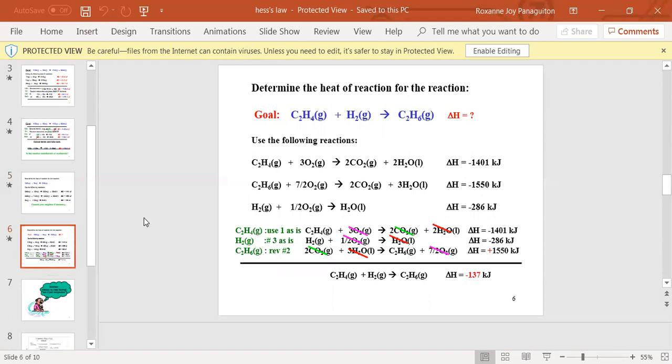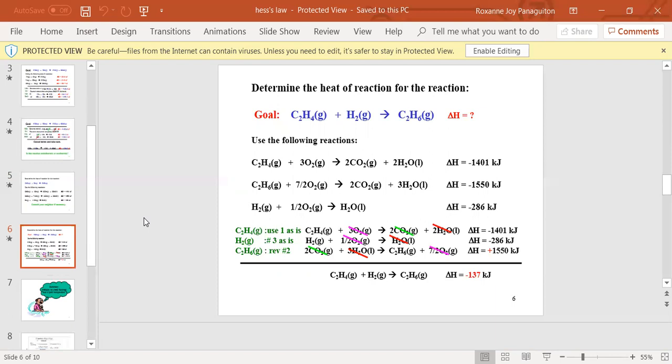You have to remember na pwede lamang kayo mag-cancel if the compound is found on the reactant side and the other compound is found on the product side. Hindi kayo pwedeng mag-cancel out pag parehas silang nasa reactant or parehas silang nasa product side.